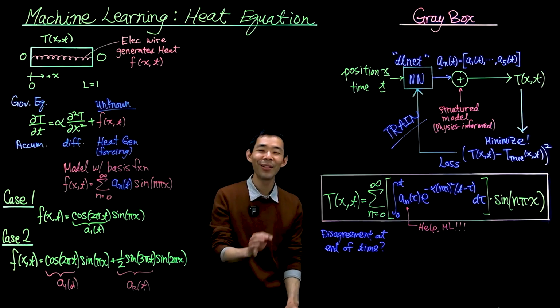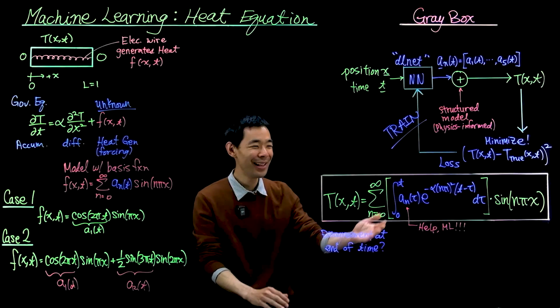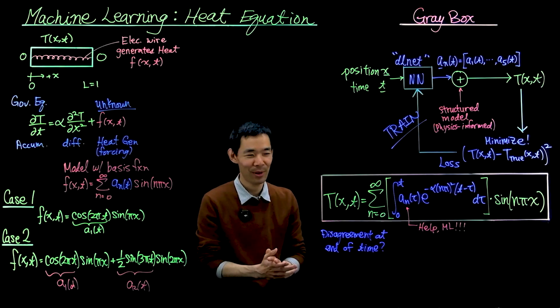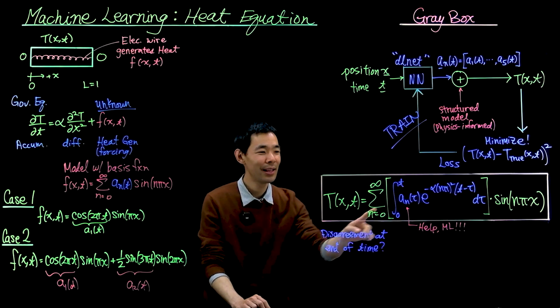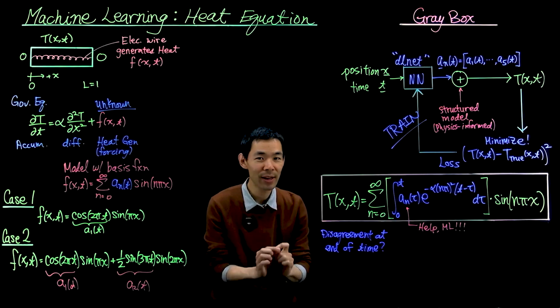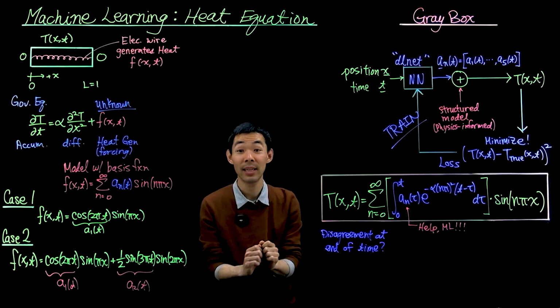Well, let's go back to our solution, because there's actually a pretty interesting reason why. If you look at the solution in your gray box model, the coefficient a sub n is evaluated at some time tau, and you're going to integrate this coefficient from 0 to time t.